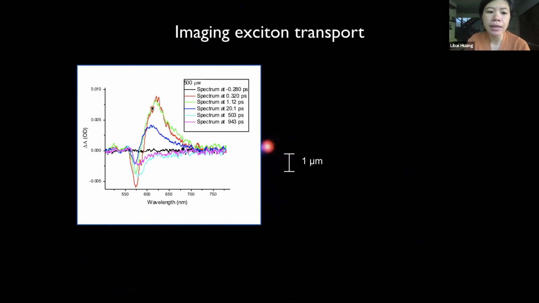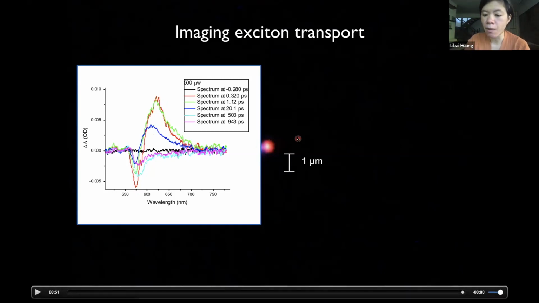So in our experiment, we use the pump to excite the excitons, and the probe wavelength will be tuned to some of these transitions, and then we scan this beam around to construct images.